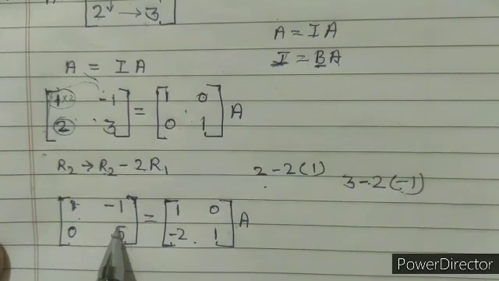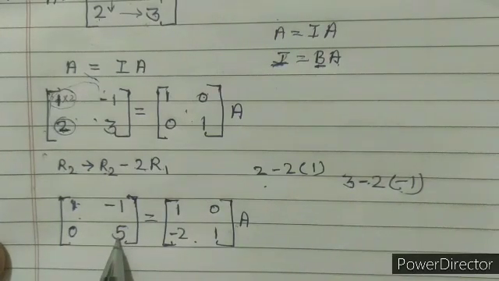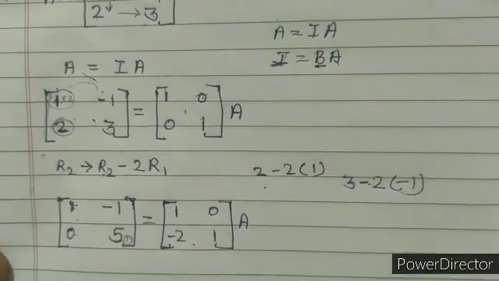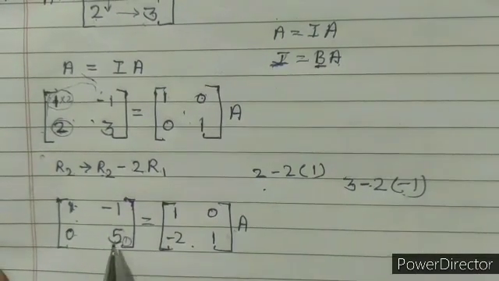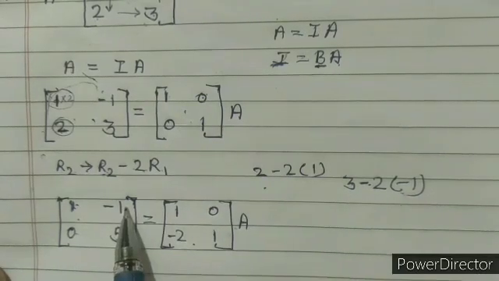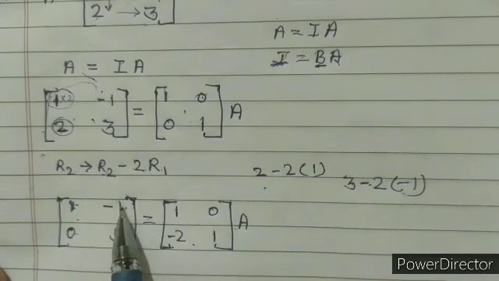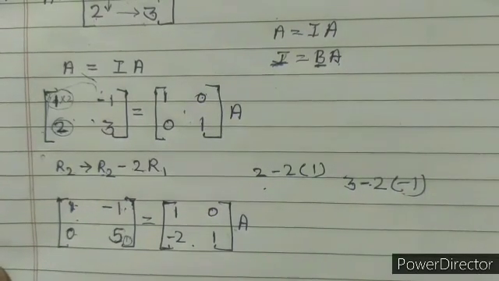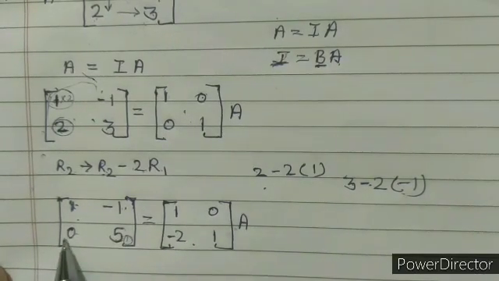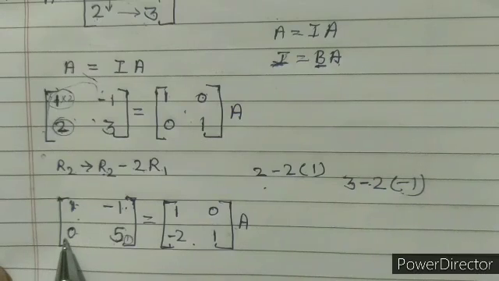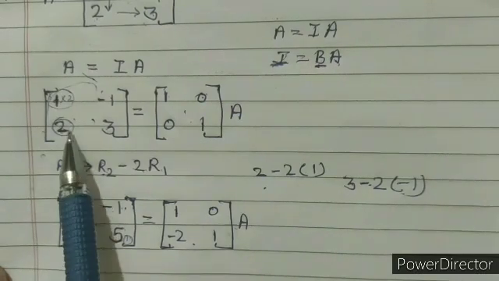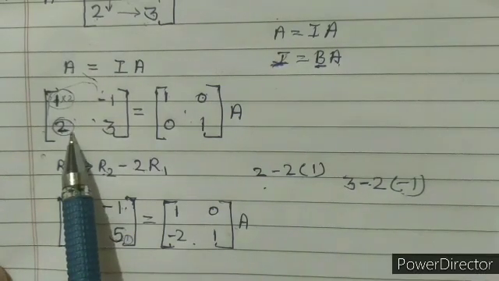Now we have to convert the 5, row 2 second element, into 1. We can't convert it by adding or subtracting a multiple of row 1 from row 2, because that will change the first element of row 2, which we have already obtained.